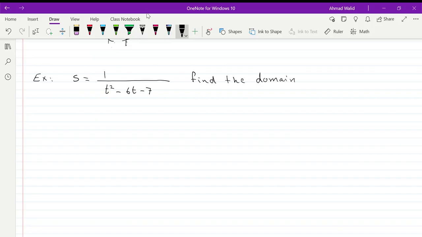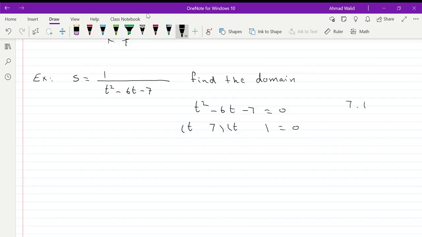Set the denominator equal to 0. t squared minus 6t minus 7 equals 0. Can we factor? If yes, factor. If not, quadratic formula. You know different methods now, maybe completing the square if you have a lot of time, and solve it. t and t. Of course, the factors of 7 are 7 times 1, right?